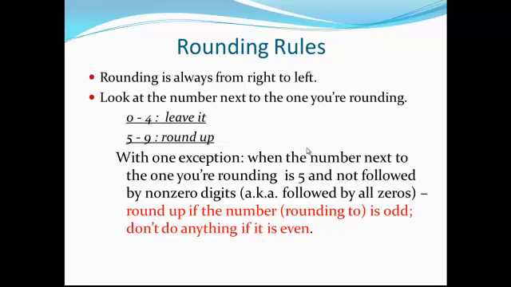You leave it. So it is probably going to be different from what you've been instructed so far. If it's less than 5, leave it. If it's more than 5, you round up. I'll give you a further explanation in the next slide.